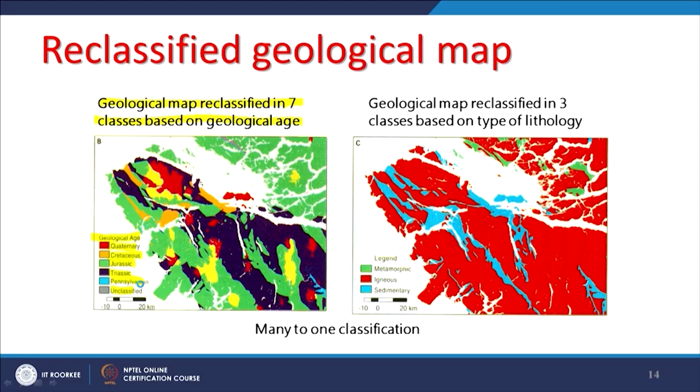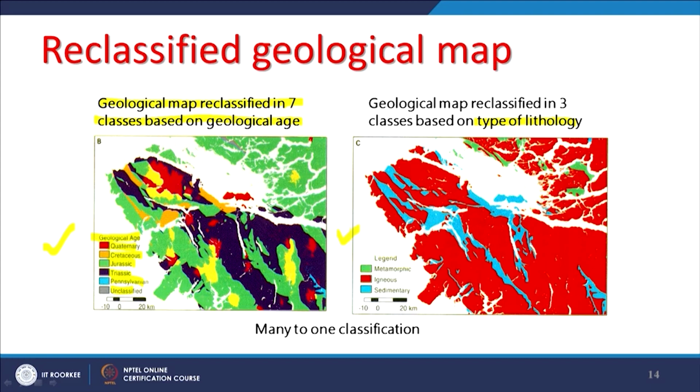Also, using the same map, I can reclassify into just the type of lithology, meaning whether they are sedimentary, igneous or metamorphic rocks. So from 20 to 6 in this example, and in the next example we have from 6 to 3.